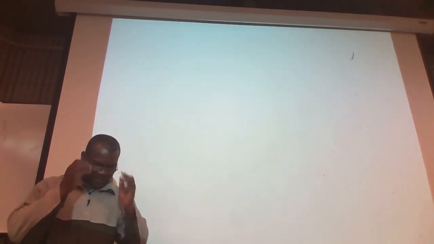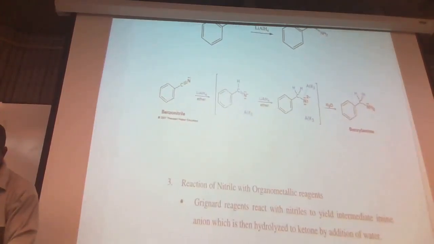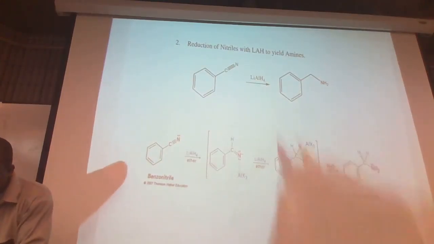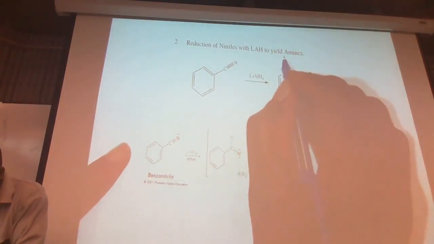All right, so let's move on. That was hydrolysis. You can also react the nitrile with lithium aluminum hydride, and that will give you amines.